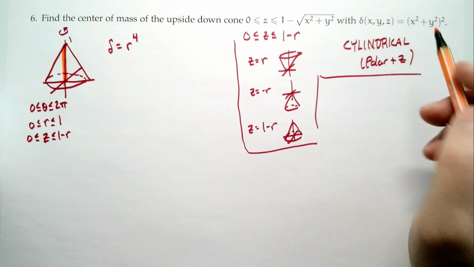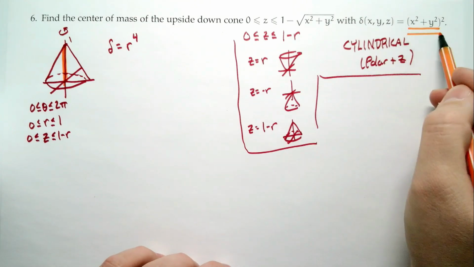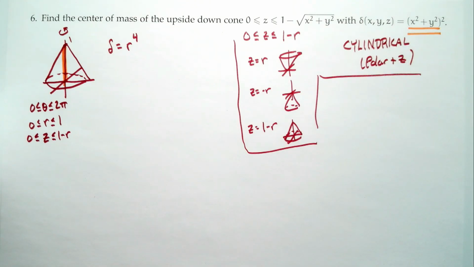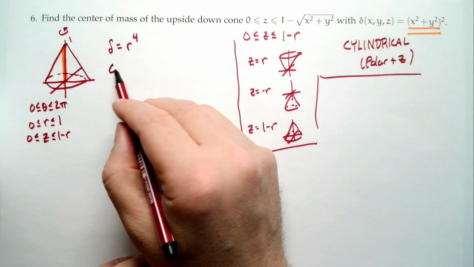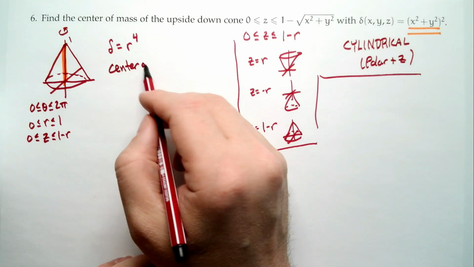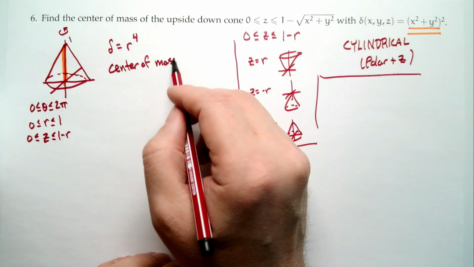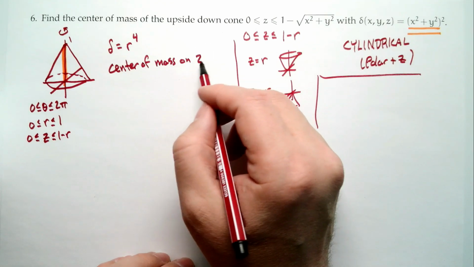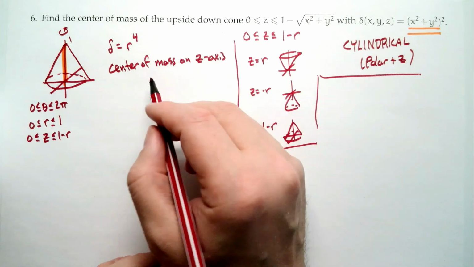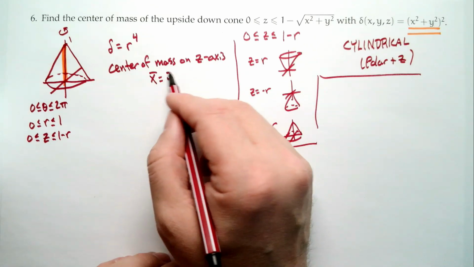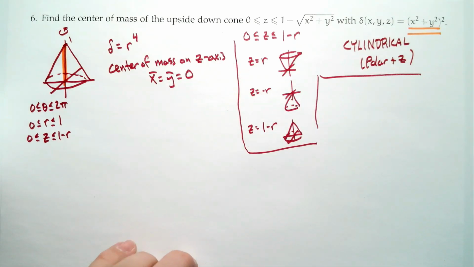And when I talk about nothing changes, I'm including the density in that statement. The density doesn't change if we spin. So if the density isn't changing, the center of mass has to be on the x-axis. Well, sorry, not the x-axis, the z-axis, which tells us x bar and y bar are 0.